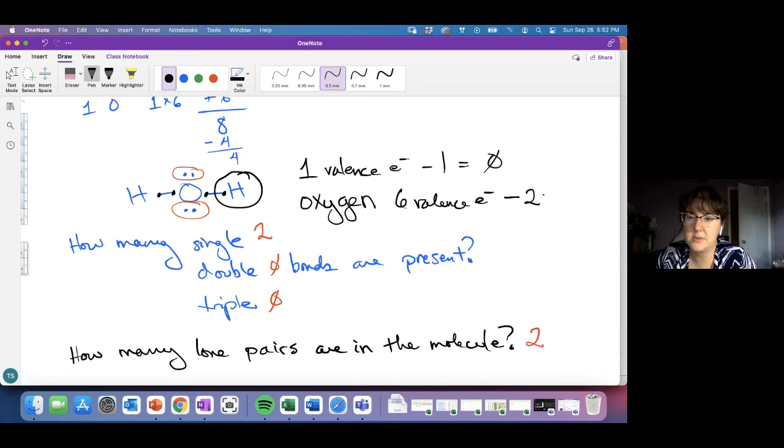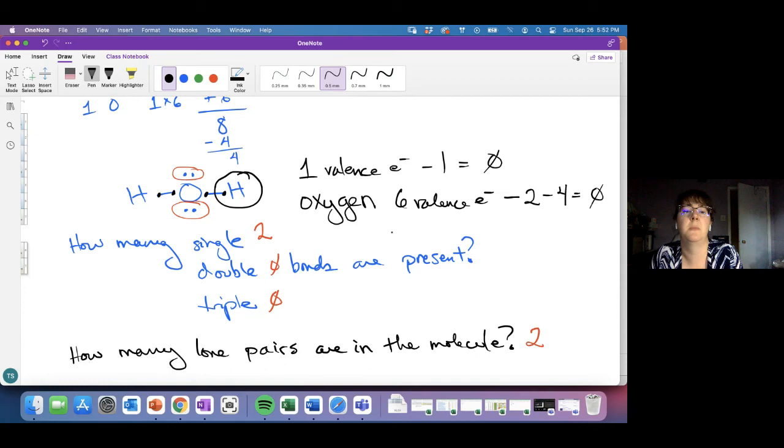So it has 2 sticks, and then it has its 4 dots, which is also 0. So a lot of times with formal charge, you'll see that every atom oftentimes has a 0 formal charge. That's not always true. Sometimes it can have a positive or a negative, but you want the formal charge on each atom to be as low as possible.